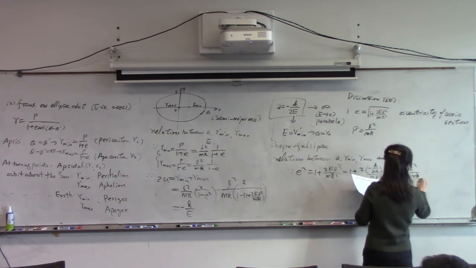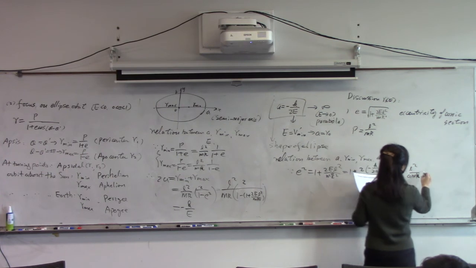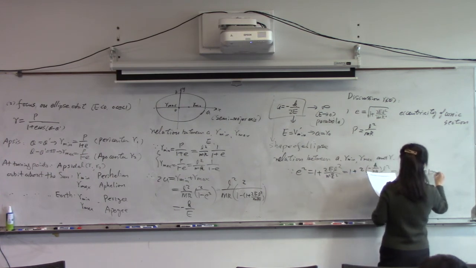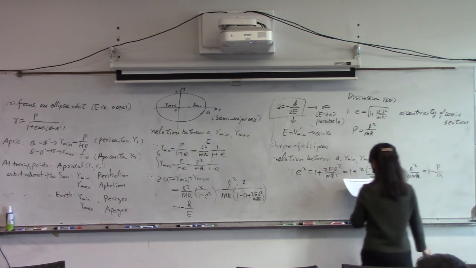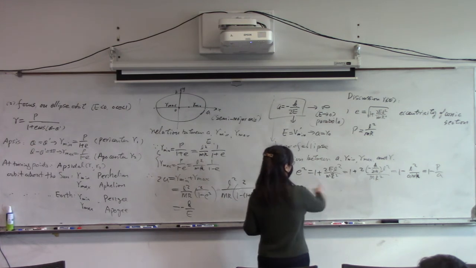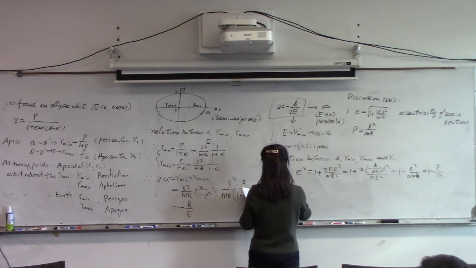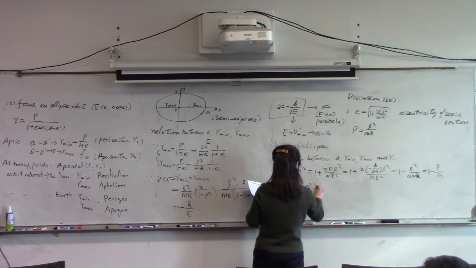And L square over MK is P, 1 minus P over A, right? Then you just do this, you will find A multiplied by 1 minus E squared is P.